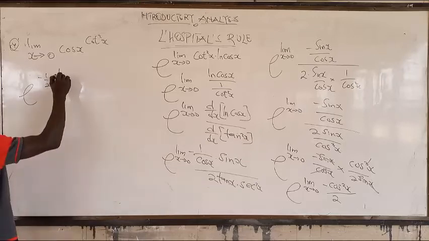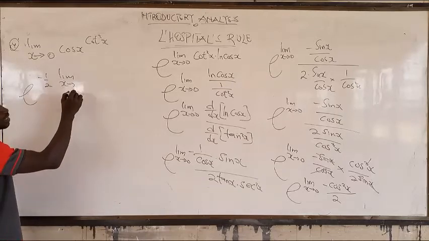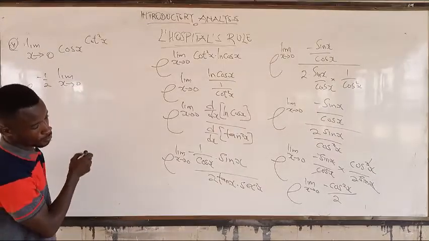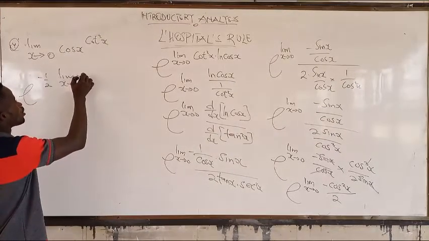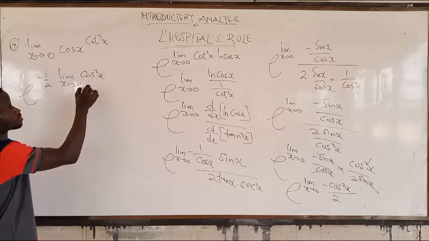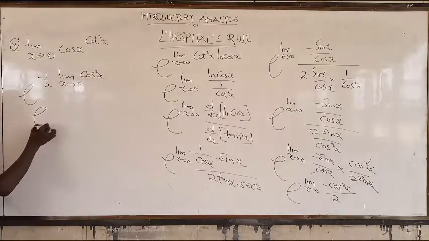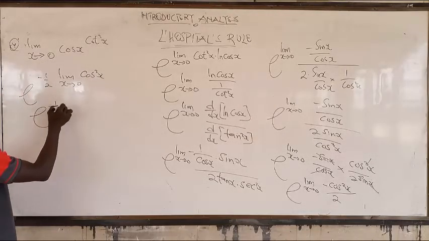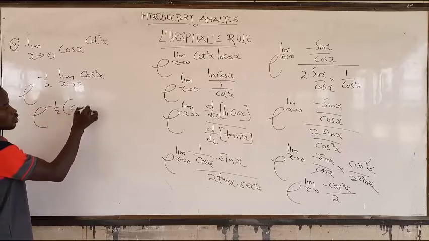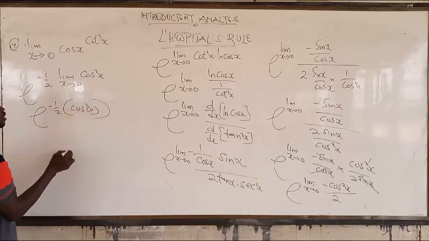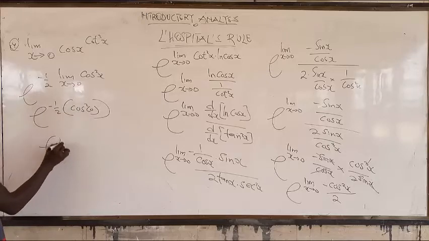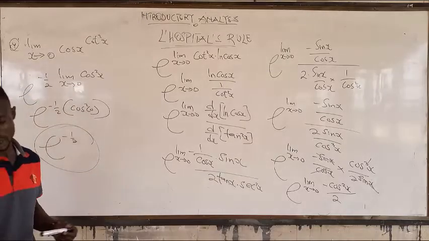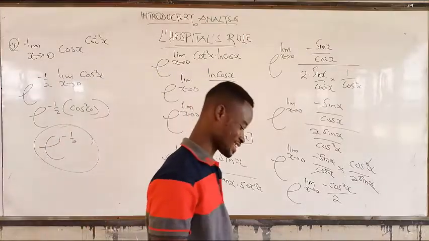Then we take the limit as x approaches 0 of cos squared x, and we end up getting cos 0 squared. And this is 1, so we get e raised to negative half. So this is the final answer for such a question.